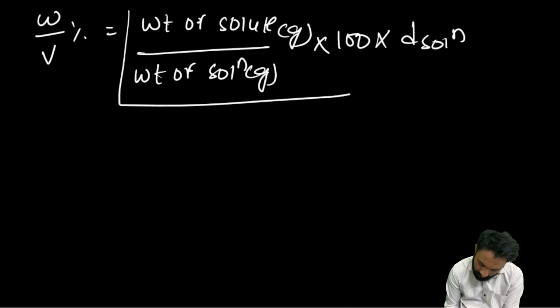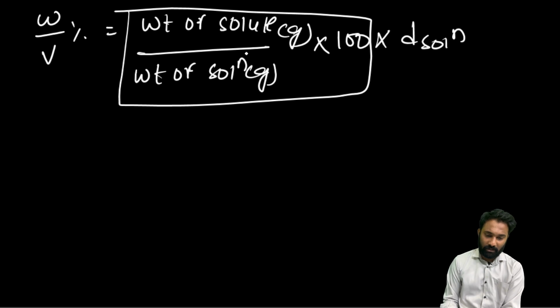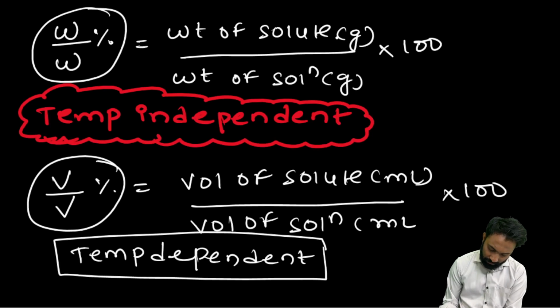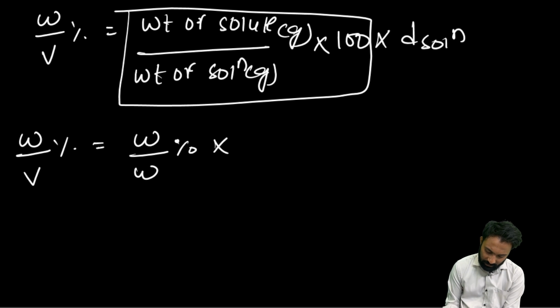We have seen this formula just now: weight of solute in grams by weight of solution in grams into 100. So I can convert this formula: weight by volume percentage is equal to weight by weight percentage into density of the solution.